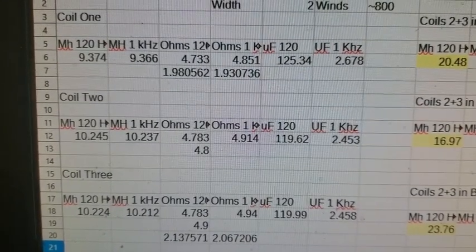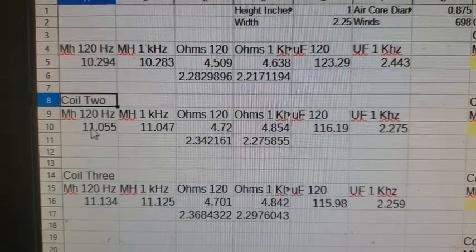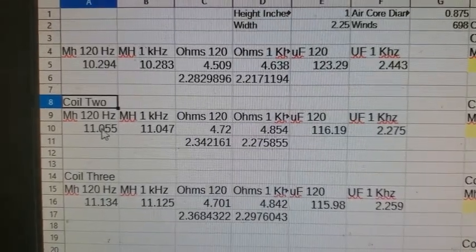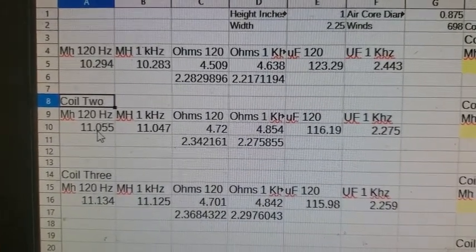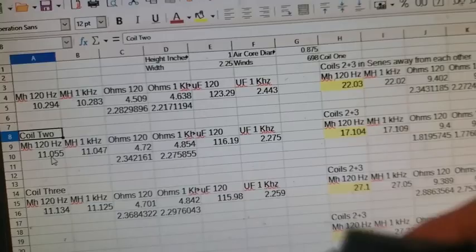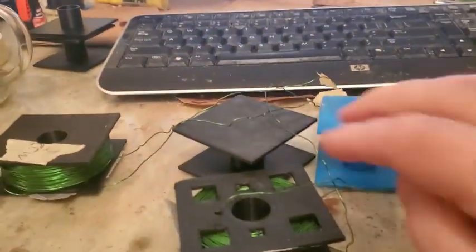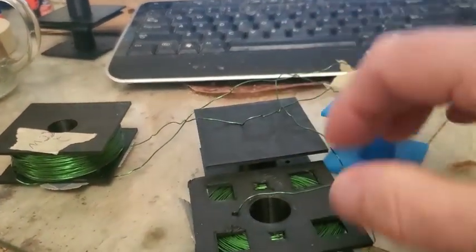And we go to coil 2, and we see that the inductance jumped. Same length of wire, but you're getting more inductance for the same resistance. And then I've measured 2 of these, which is now more flat and more wide.